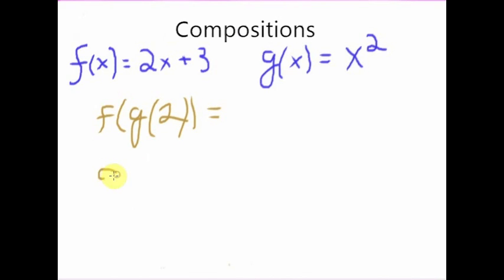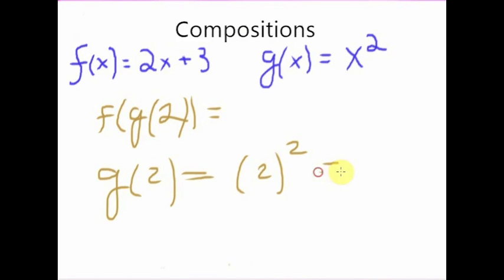So we plug in a 2 for every time there is an x in the equation g of x, which is just 2 squared, which is equal to 4. So g of 2 is equal to 4. Now we just need to find out what f of 4 equals.